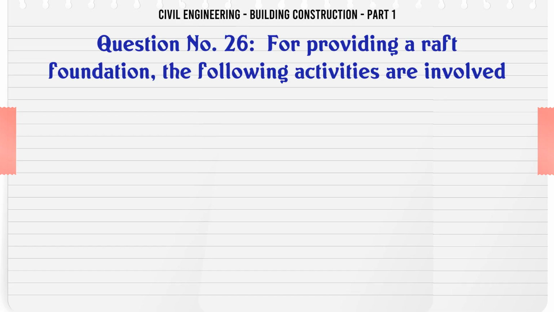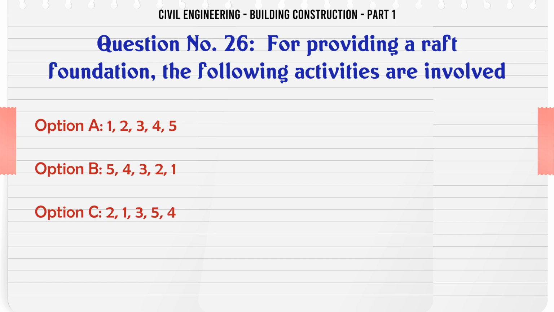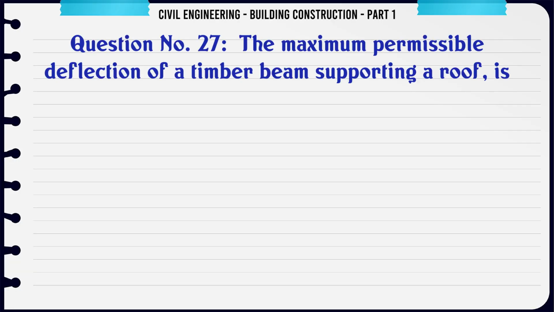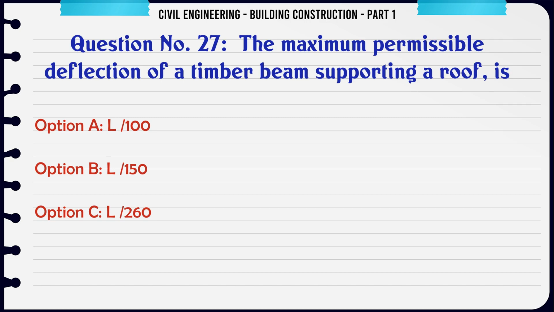For providing a raft foundation, the following activities are involved. A, 1 2 3 4 5, B, 5 4 3 2 1, C, 2 1 3 5 4, D, 3 2 5 1 4. The correct answer is 2 1 3 5 4. The maximum permissible deflection of a timber beam supporting a roof is A, L/100, B, L/150, C, L/260, D, L/360.